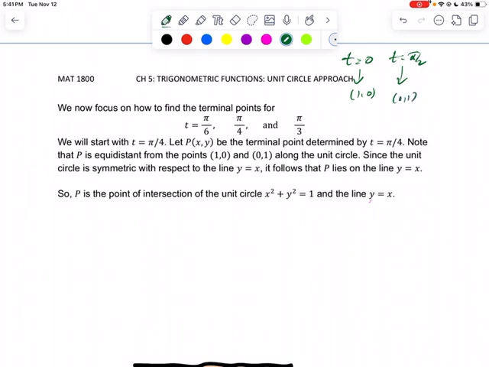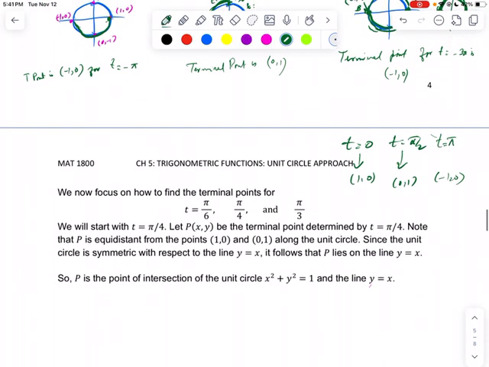T is equal to pi, we have -1, 0. T is equal to 3 pi over 2, we have 0, -1. And then we can have 2 pi, which is the same as this. So I can say 2 pi, it will be here.